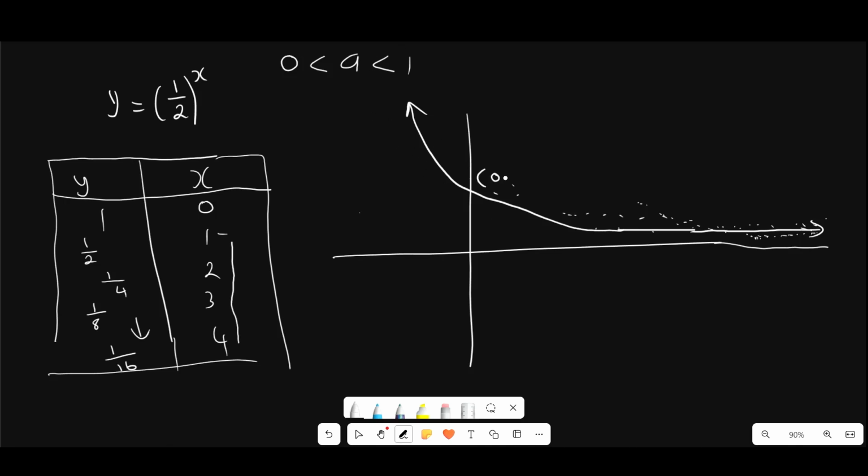My y-intercept is 1 because of the point 0, 1. My asymptote remains y equal to 0. Why? Because my function does not break below or touch that line, so it stays above it.